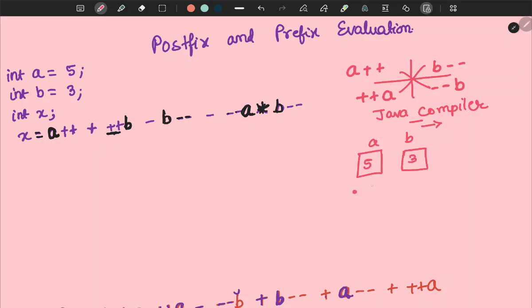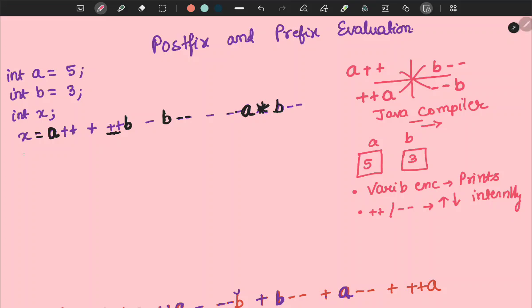One, as soon as a variable is encountered, it prints the value. And two, as soon as ++ or -- is encountered, it increases or decreases the value internally. Only these two rules you need to remember, because this is how Java actually works.